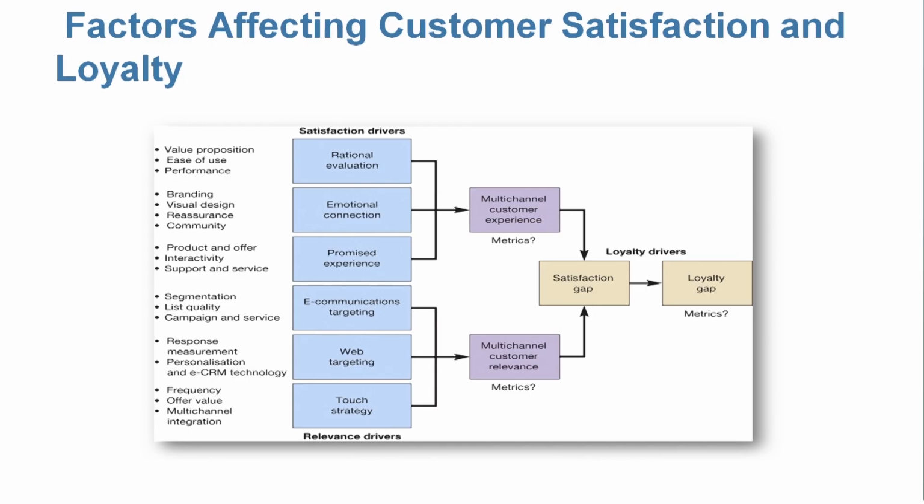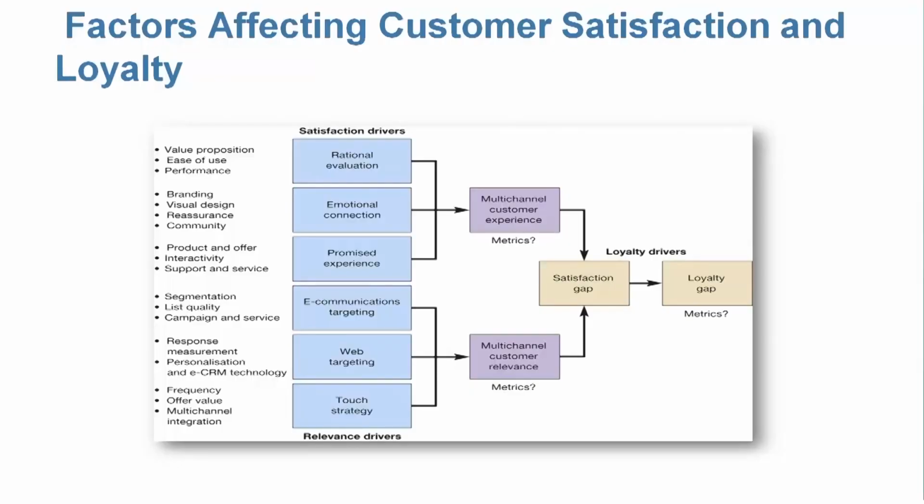So, in each case, like information related to product and offerings, interactivity, support services, etc., when that flows across this particular diagram, you get not only the gap fulfilling data, but you can also develop metrics to measure what is the needed input to improve and bridge the satisfaction gap or the loyalty gap.